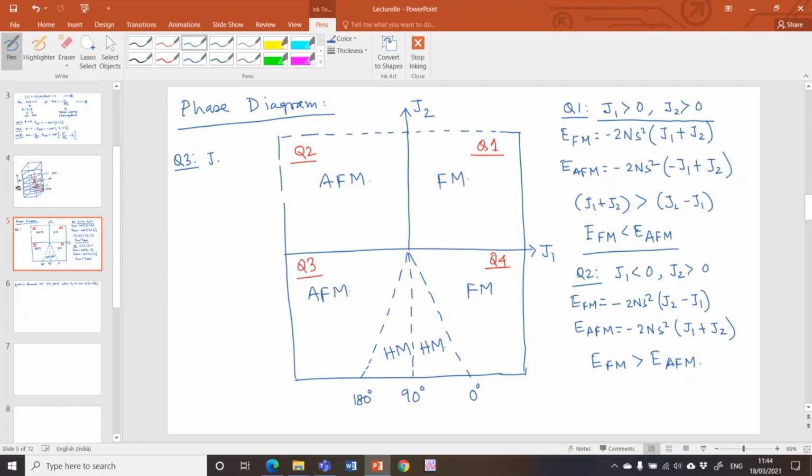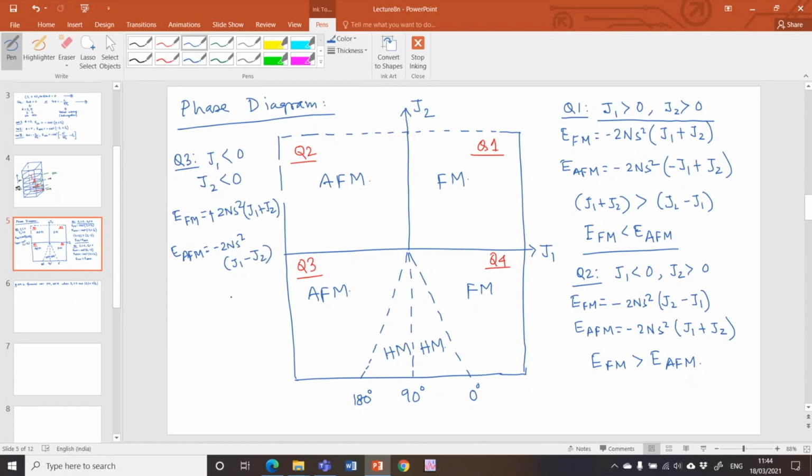So here J1 is negative and J2 is also negative. So now my EFM will be minus 2n S square, and then there will be a minus for both, so it will be positive, J1 plus J2. And EAFM will be minus 2n S square times, J1 is negative, so it will be (J1 minus J2).